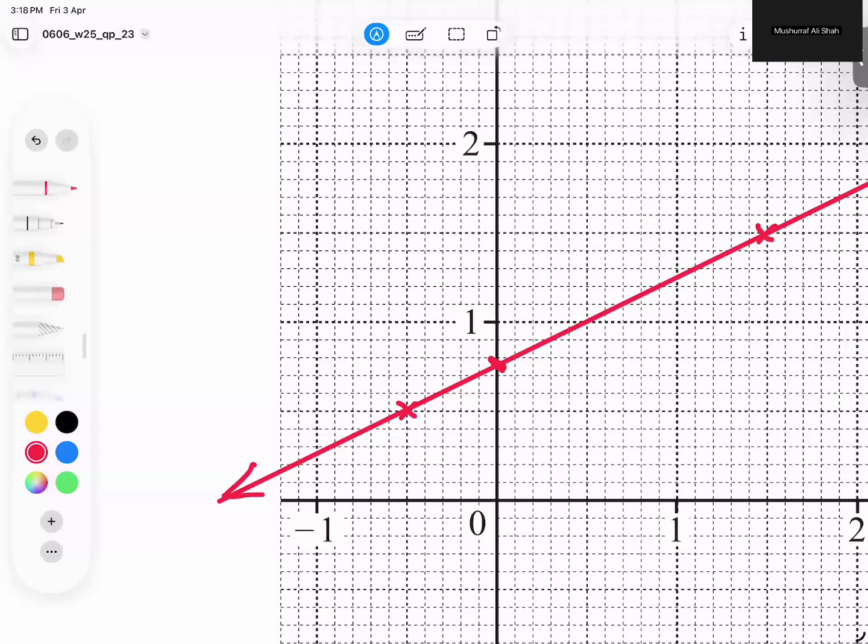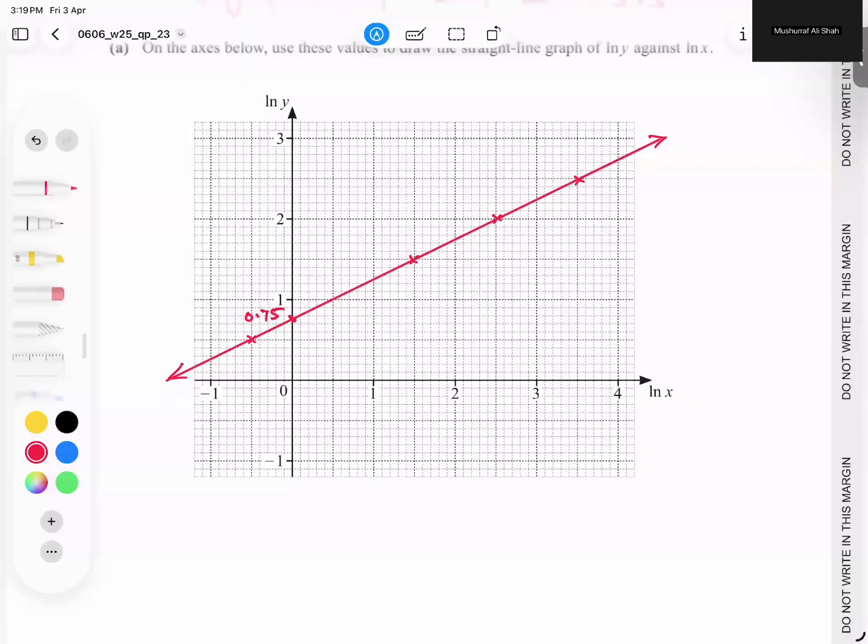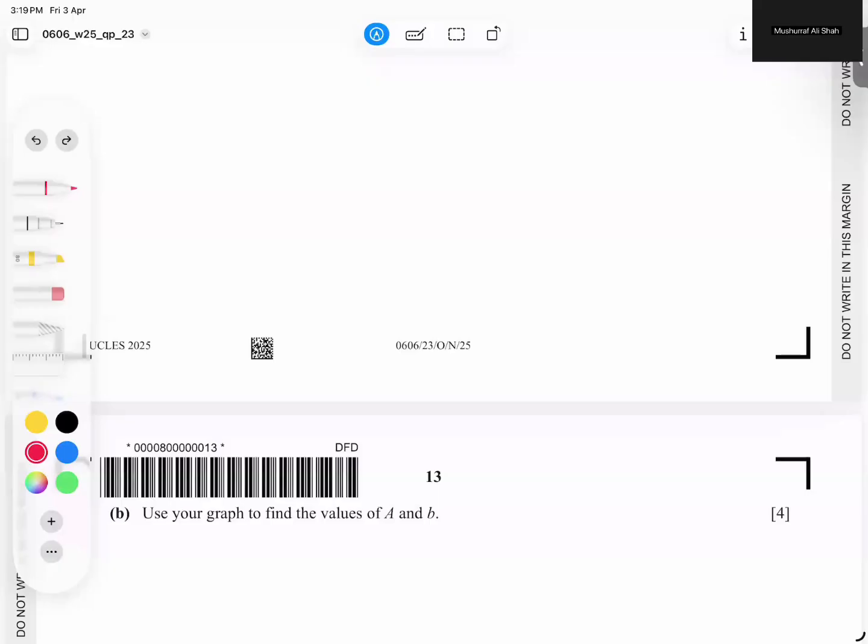Okay, now, next part, what do we have, students? He said find the A and B values. How to get them? Now I have to work with this equation: y is equal to A x to the power b.